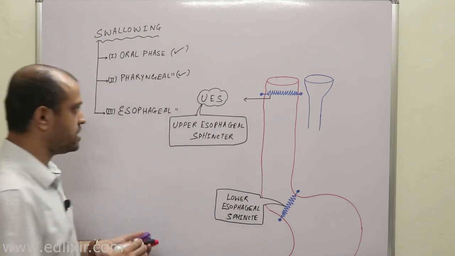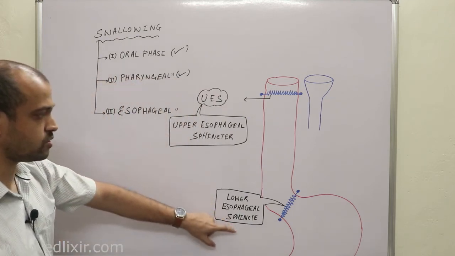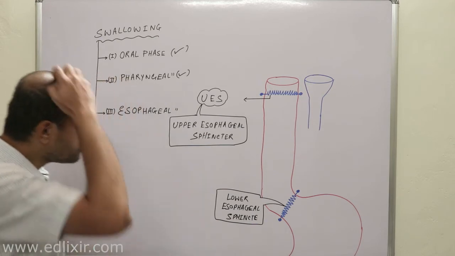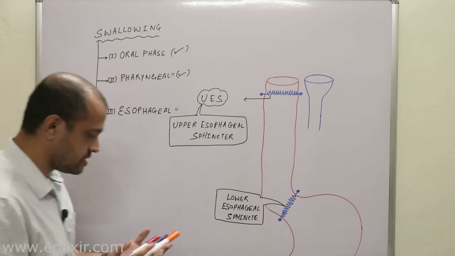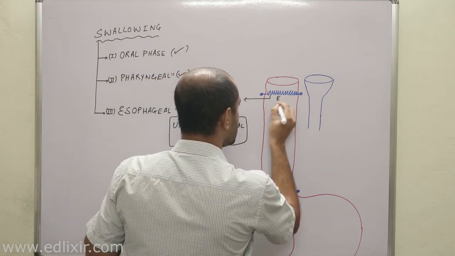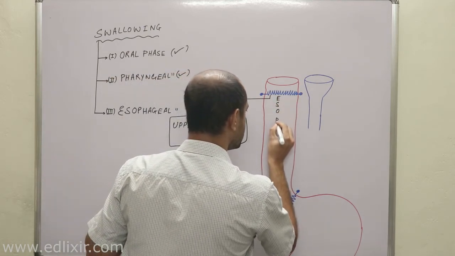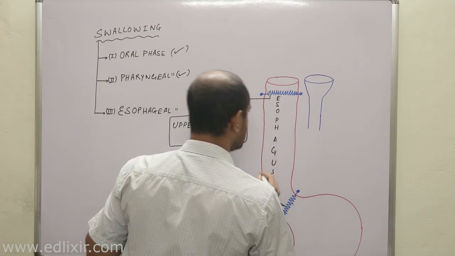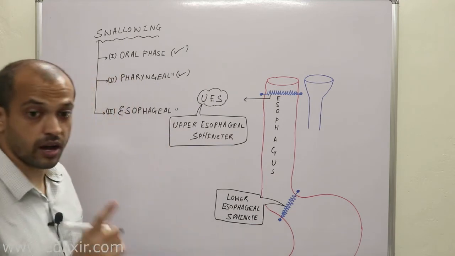This is called the upper esophageal sphincter and this is called the lower esophageal sphincter. Okay, clear? Now a very important point we need to understand again. This is your esophagus, right? This is your esophagus.